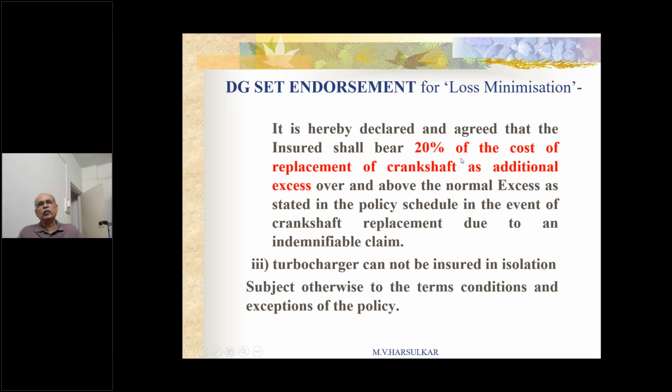This is beside the normal excess, 1% of sum insured. That is normal, but on crankshaft cost there is a 20% additional excess. If it is not there, you will say this is not there in the endorsement, so the excess will not be applied.